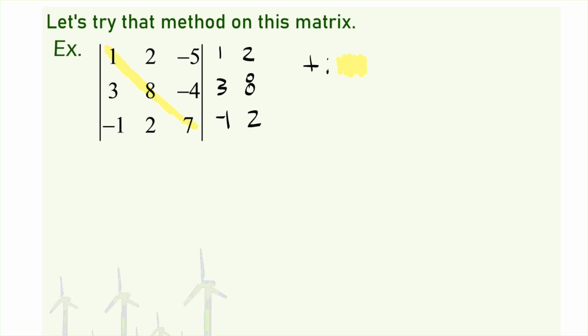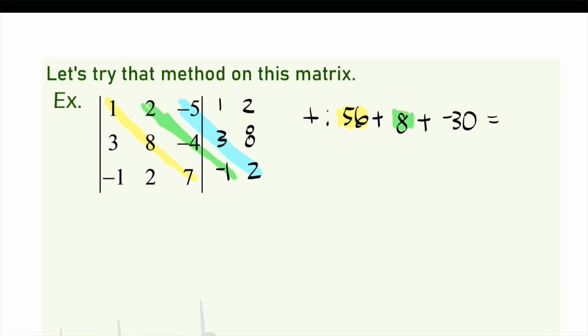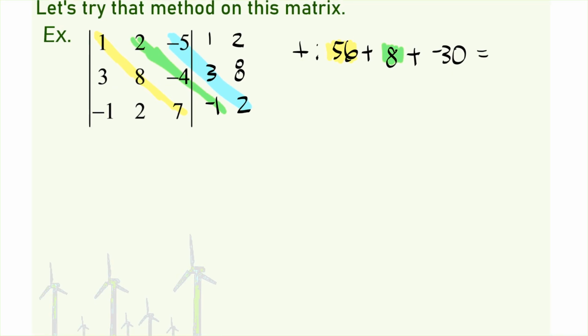The first one is 56 plus. Second one is 8 plus. Last one, -30. So I get 64 minus 30, that's going to be 34.